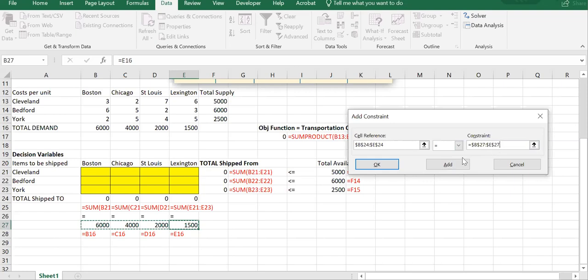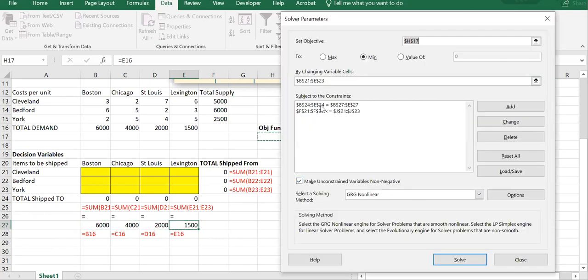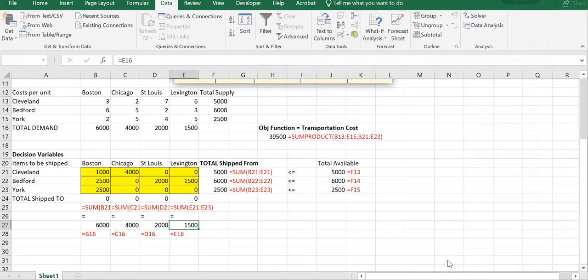Since I took 4 cells here and 4 cells here, Excel is going to identify those corresponding left-hand sides and right-hand sides, and form the constraints here. So 7 constraints, 12 decision variables, and the objective function, and we want to minimize the cost. Change the solving method to simplex LP and solve it.